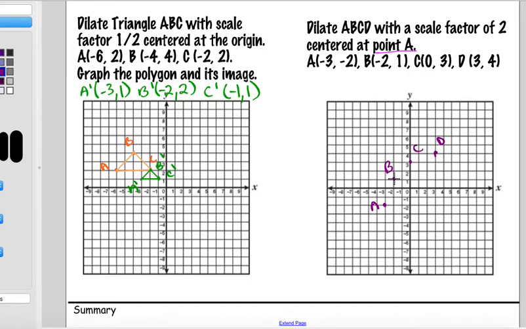So I'm going to connect. There we go. So in this case, we are going to dilate with the center at A, meaning that A will stay exactly where it's at. And the distance from A to each point is going to be multiplied by the scale factor here, which is a 2.